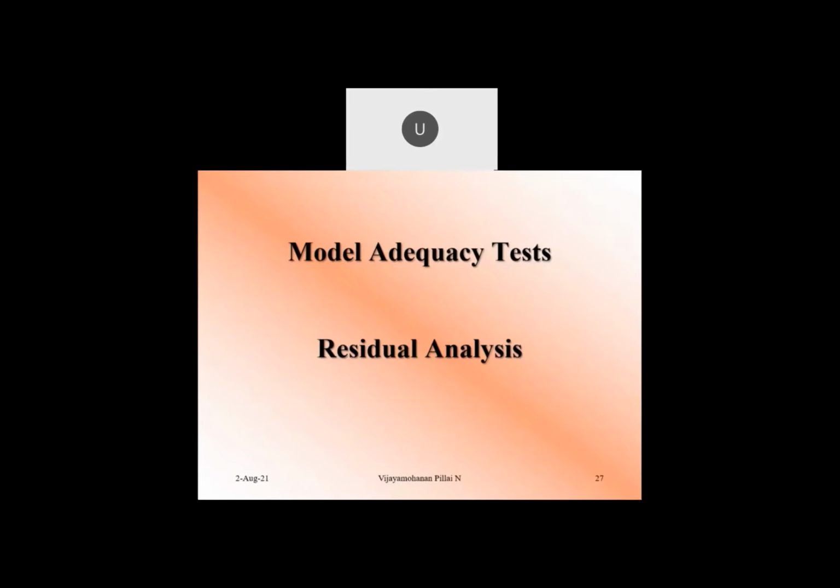So as I have already told you, the residuals are the estimate of the error term Ui, that is Ui hat, obtained as a residual, that is Yi minus Yi hat. So we have to check the assumptions of regression by examining these residuals.